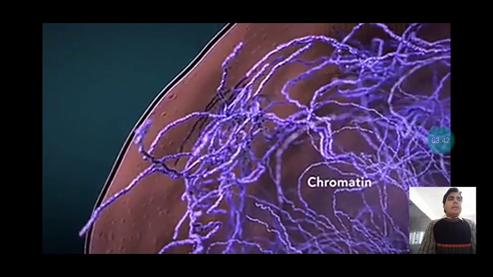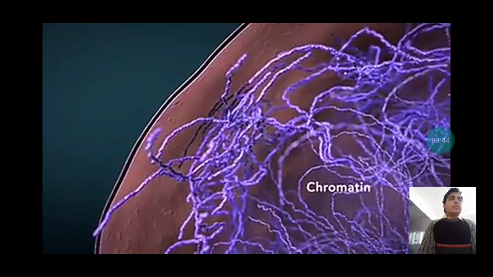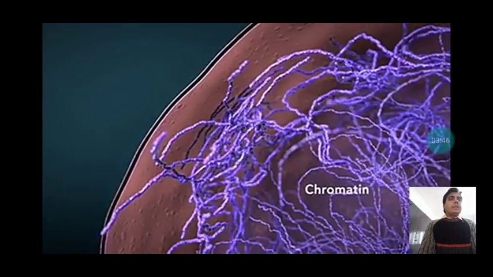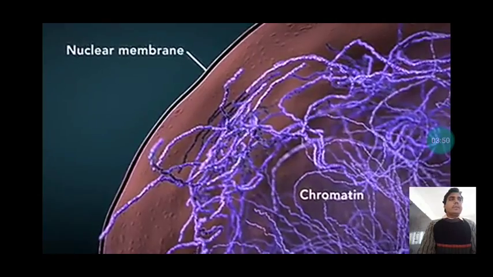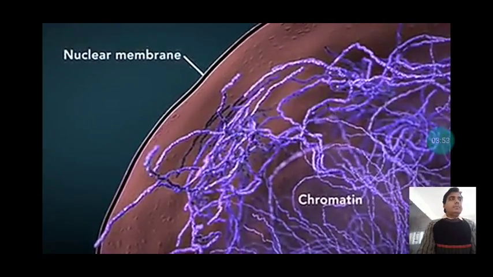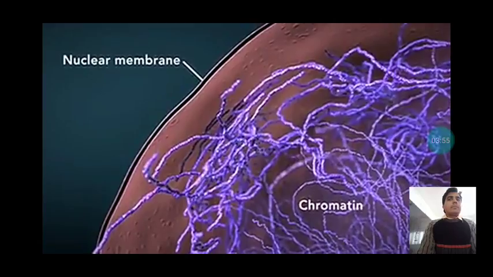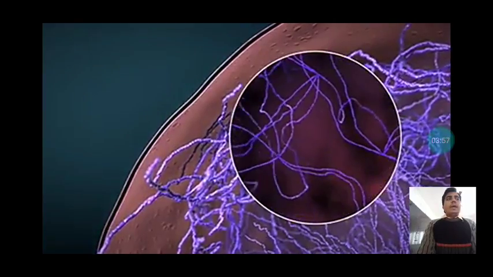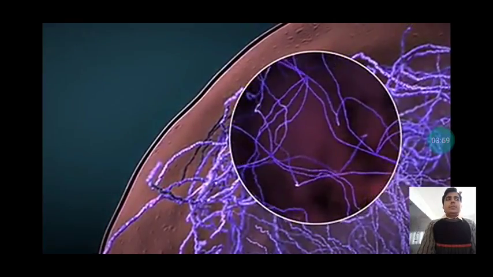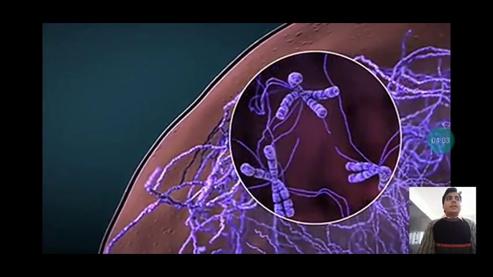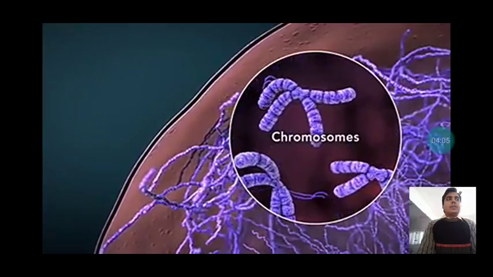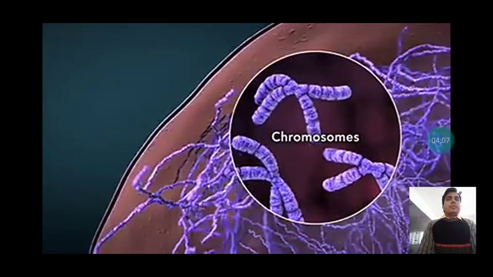Chromatin is the tangled, spread out form of DNA found inside the nuclear membrane. When a cell is ready to divide, DNA condenses into structures known as chromosomes.